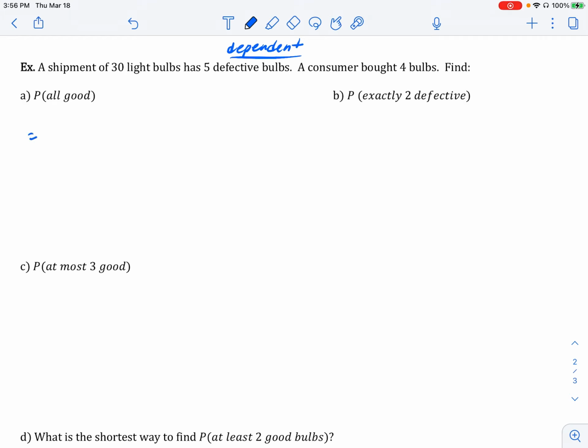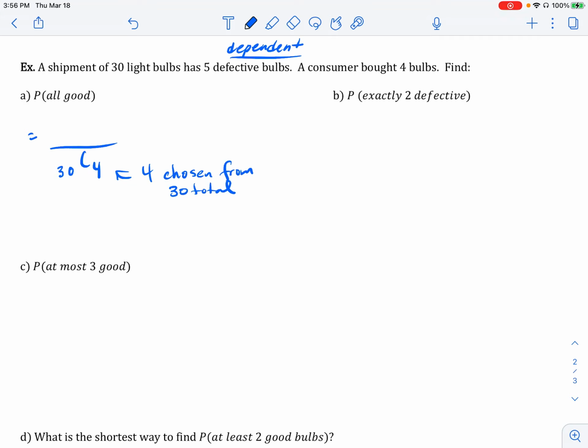So let's think about this. First off, what is the number of ways that you can choose 4 bulbs from the 30 that are available to you? That would be 30 choose 4. So these are 4 chosen from the 30 total. Now let's think about the successful events. If we choose 4, we want to make sure that all 4 are good.